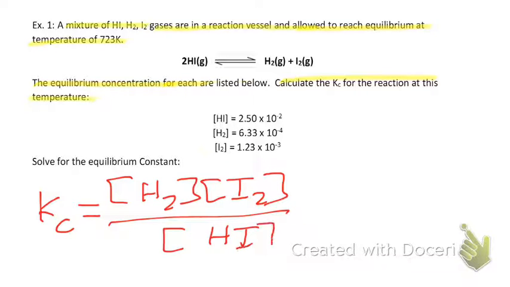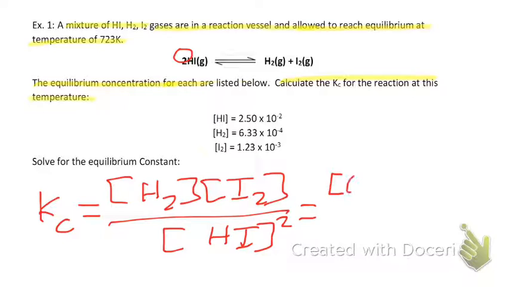And we need to square that because the coefficient is 2 there. All right, and remember that these concentrations are equilibrium concentrations, so we're going to put in the equilibrium concentrations.